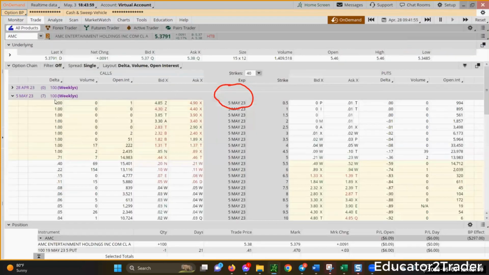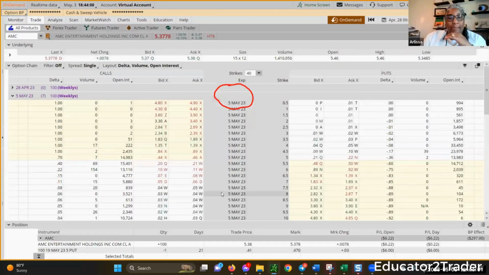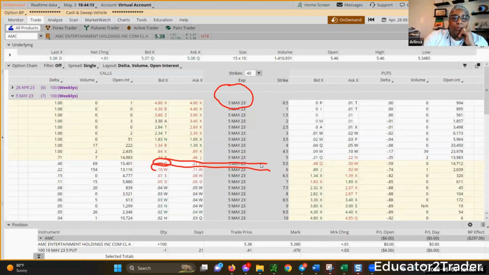Okay, so I'm looking at 1 week away, May the 5th, and we need to be above 5.38. So we can look at the 5.50 strike. We can look at $6 if we want. Notice how much you're going to take in premiums.